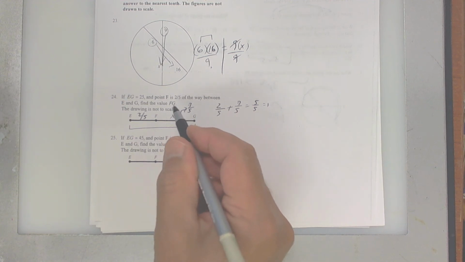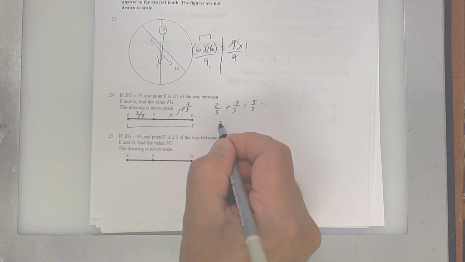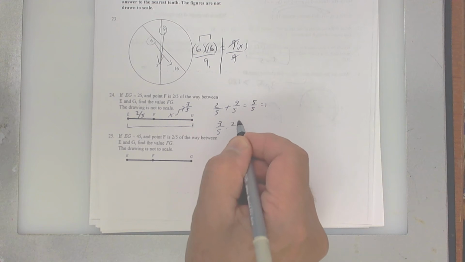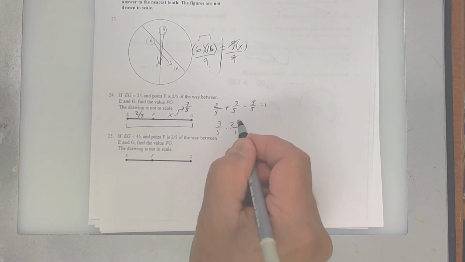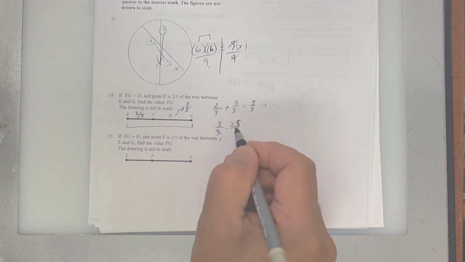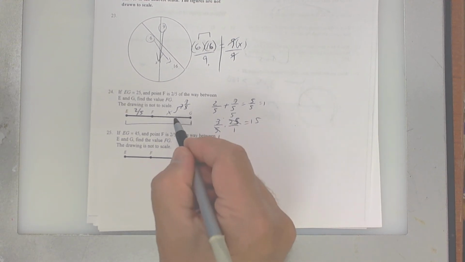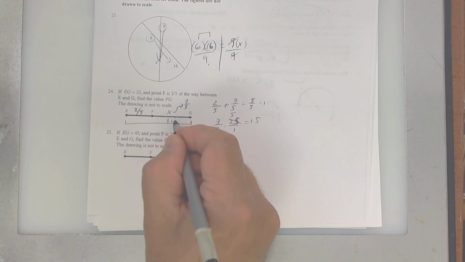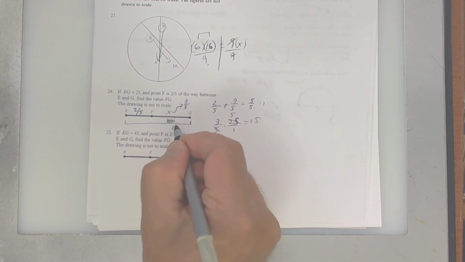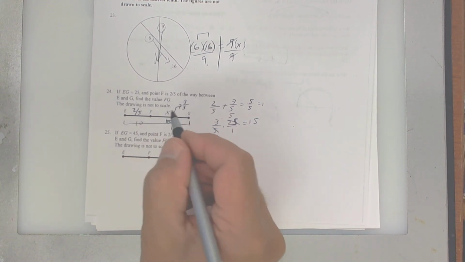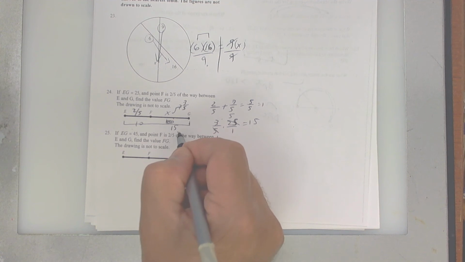So what you want to do basically is take 3 over 5 times 25 over 1. When you multiply, you're going to reduce. 5 goes into 5, 5 goes into that. 5 times 3 is 15. So that should be 15, and this should be 10. If you add that up, you get 25.